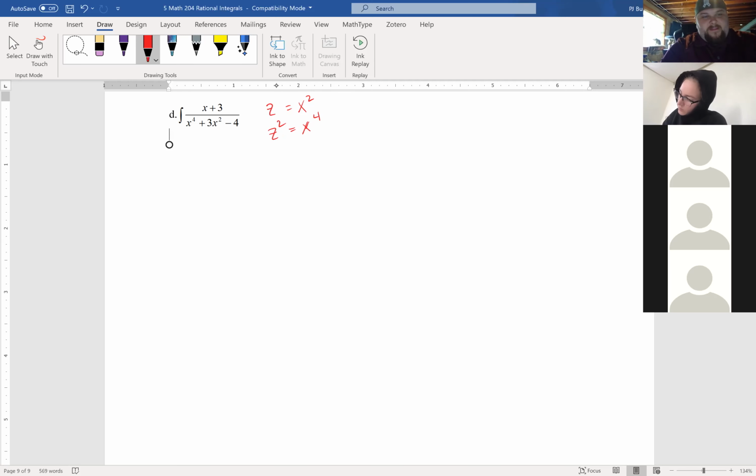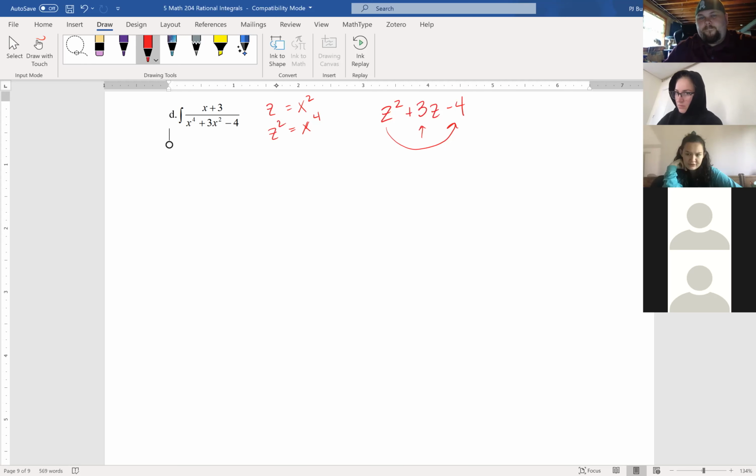So if I rewrite the denominator, it now looks like z squared plus 3z minus 4. That looks a little more familiar. So now I'm looking for two numbers that multiply to -4 and add to 3. What are those numbers? 4 and -1.